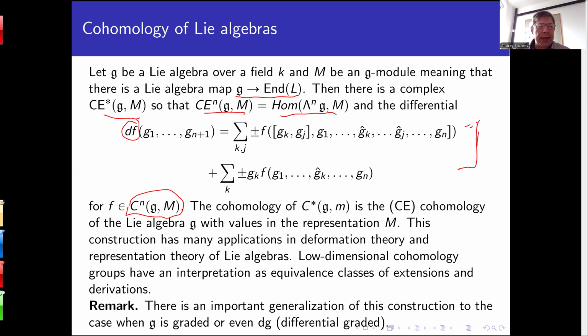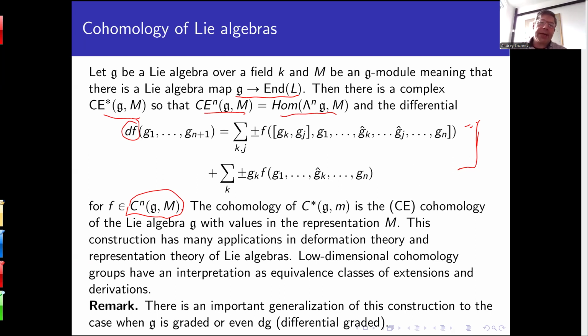Lastly, I would like to mention that there is an important generalization for some questions of this construction to the case when G is graded, in which case the signs, which I indicated as plus or minus, are still plus or minus, but a little bit more complicated. There is also a generalization to the case when G as well as M are differential graded themselves.